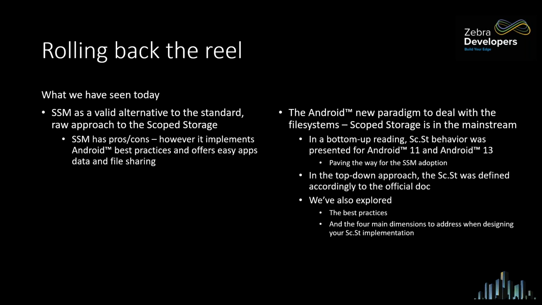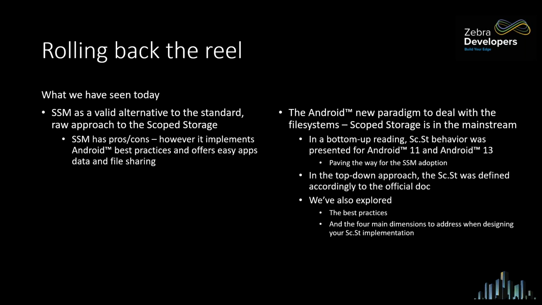We're at the end of this session. Rolling back, we have just seen the SSM. Before, we have seen a session, the bottom-up reading of the effect of the scope storage, seeing how reading and writing in the different operating system versions and chipset versions are impacting the developer.